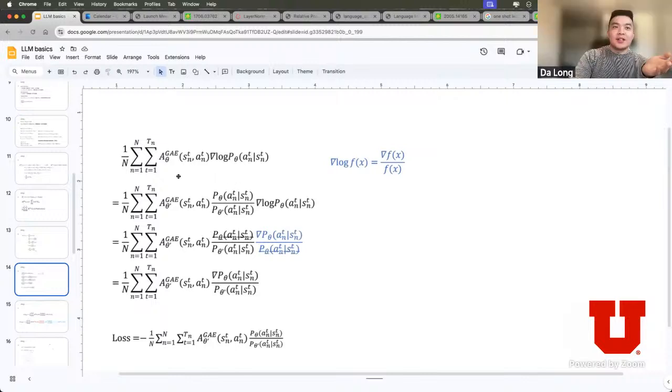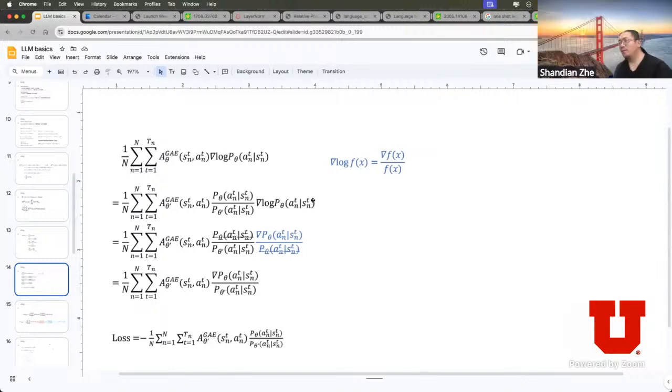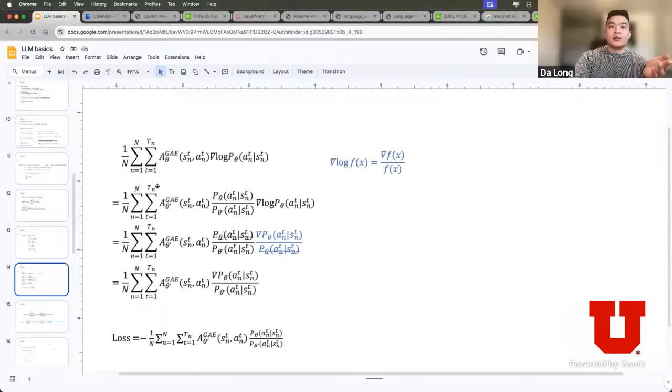So this is off-policy learning, not on-policy learning. It works like this. First we sample the answers from theta prime. Once we get that data, we can do multiple iterations of updates to theta itself.